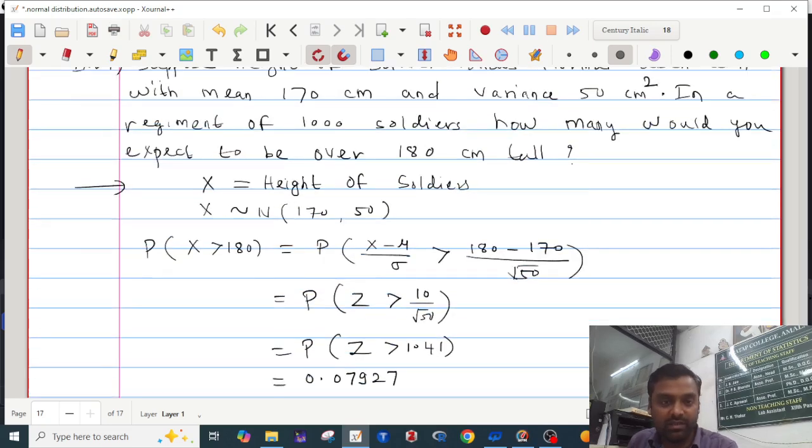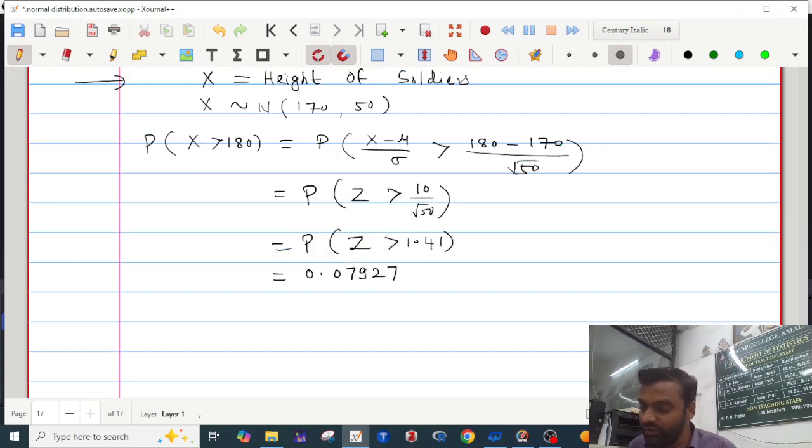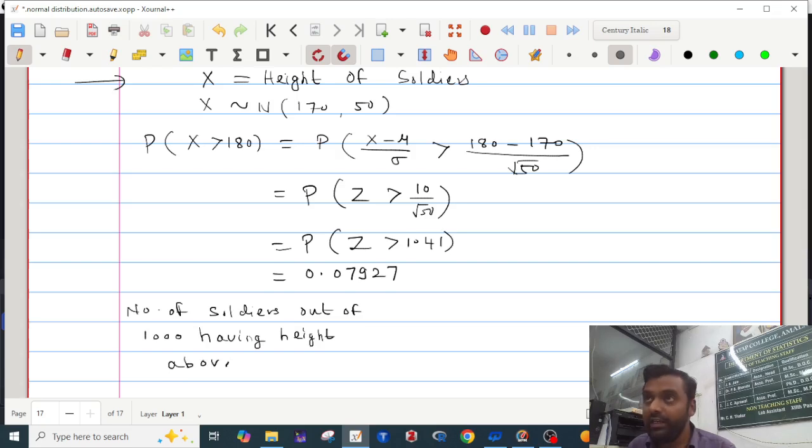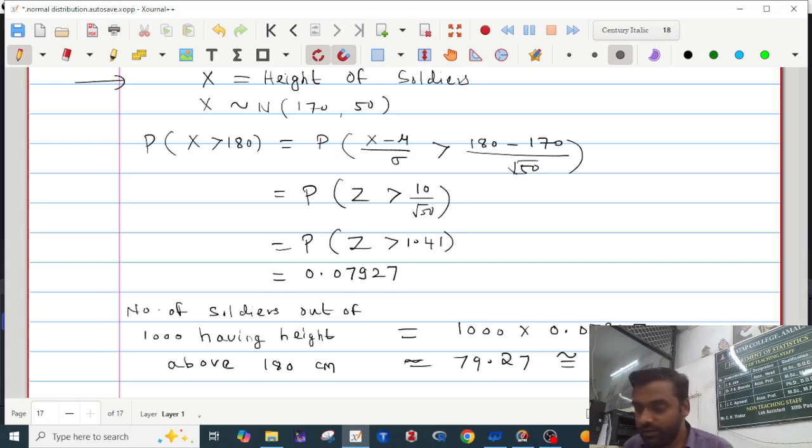If you multiply this probability by this number 1000, then the total number of soldiers out of 1000 having height above 180 centimeter is equal to 1000 multiplied by 0.079, which is equal to 79.2, approximately 79.